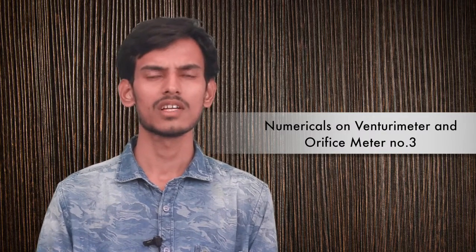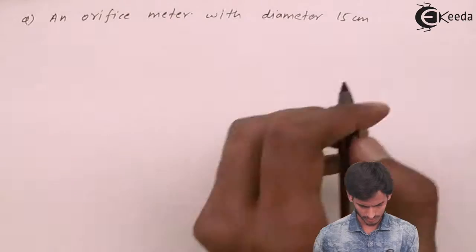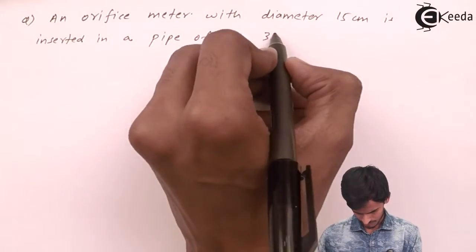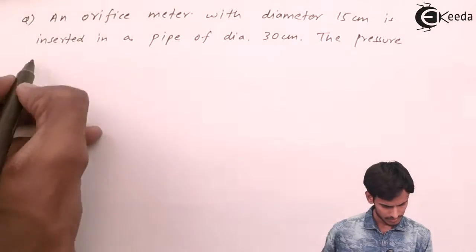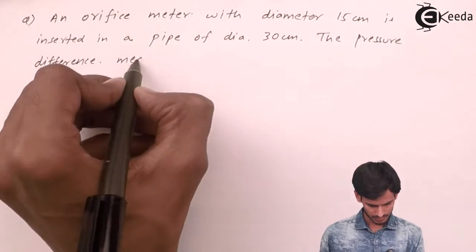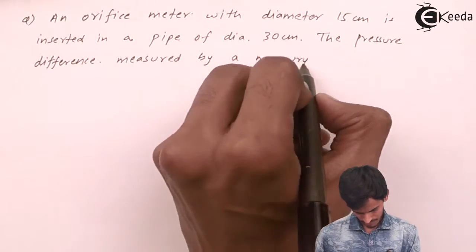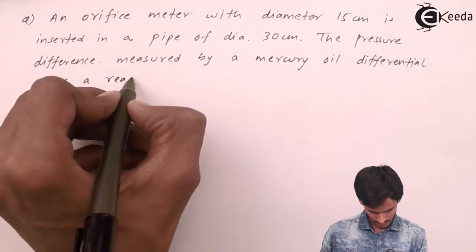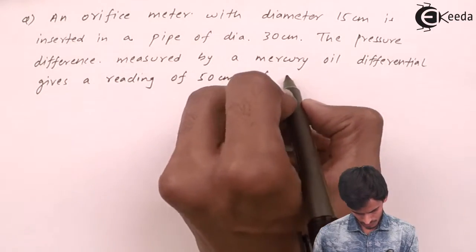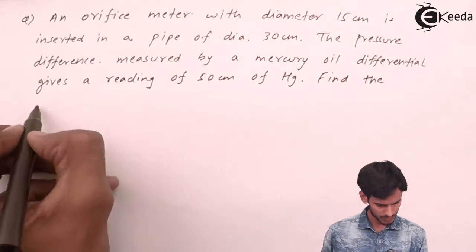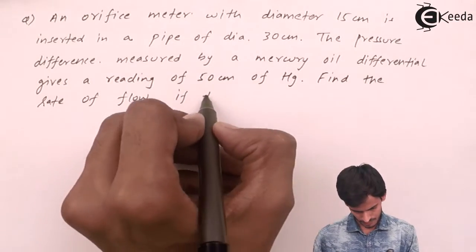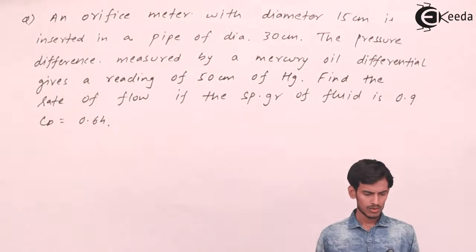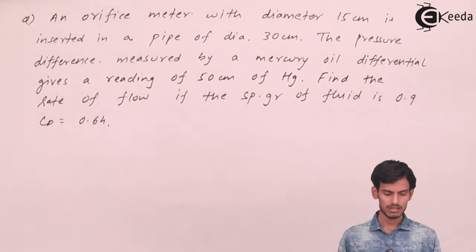So today we'll be looking at the numericals and different varieties in it. So this question is on orifice meter. Let's read out the question once again.